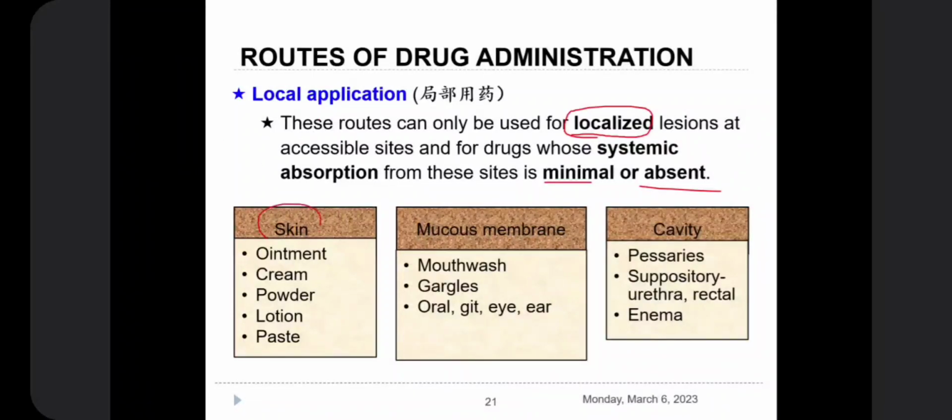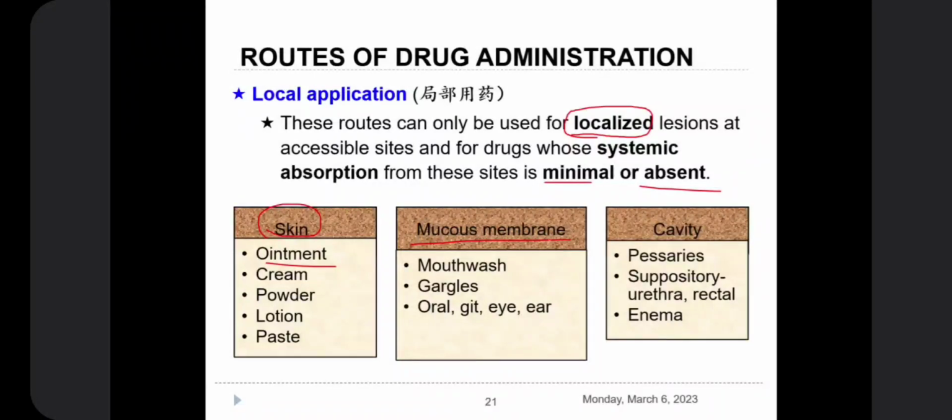You can see, like the skin, when you have some disease on the skin, like inflammation or lesions, you just use drugs to spread on the lesions, like ointment, cream, powder, lotion, and paste. Another site is the mucous membrane, like the mouth. If you have some lesions, you can use mouthwash and gargle to spread the drugs. And the next site is the cavity. This is about local application.